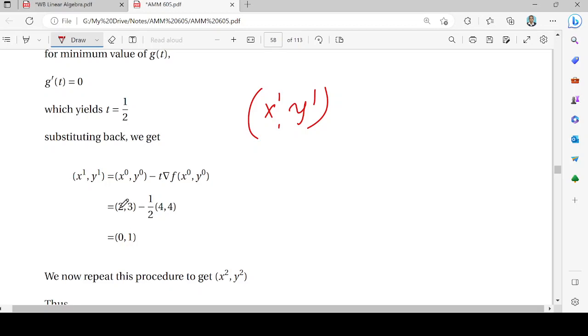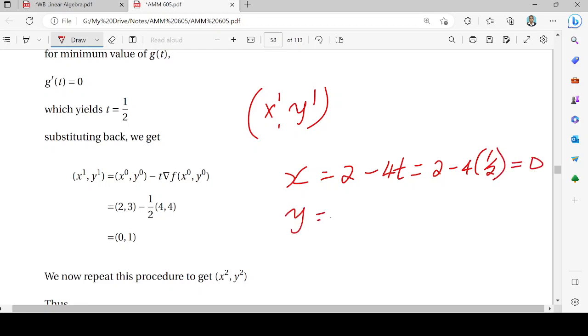So x, which is equal to 2 minus 4t, becomes 2 minus 4 times a half, which is 2 minus 2, and this is 0. y, which we had written as 3 minus 4t, becomes 3 minus 4 times a half, which is equal to 3 minus 2, a value of 1.